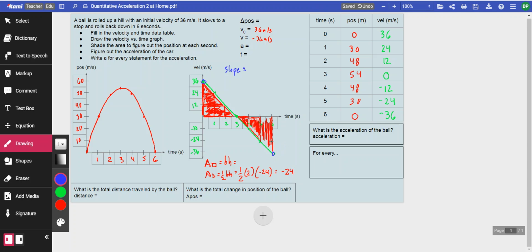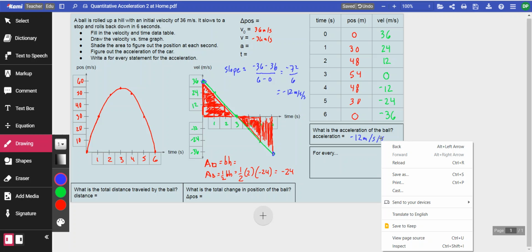So we'll say -36 minus 36, final minus initial, divided by how many seconds? 6 minus 0. So this is -72 divided by 6, -12, and that's meters per second per second. So this is -12 meters per second per second.